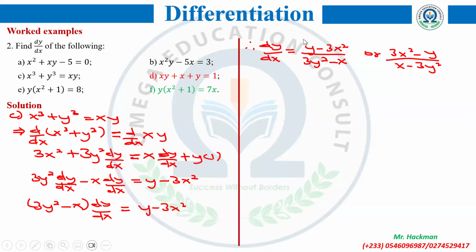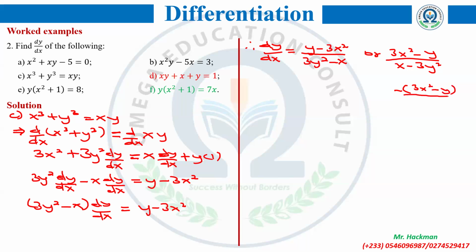If it's an objective question and you had this and rather you see this, you have to see that they are the same. Because if you factor out negative in the numerator and negative in the denominator, the negatives will cancel. So let me write it. If I factor out negative in the numerator, this becomes negative, this becomes positive, so I write the positive first, 3x squared, then minus y.